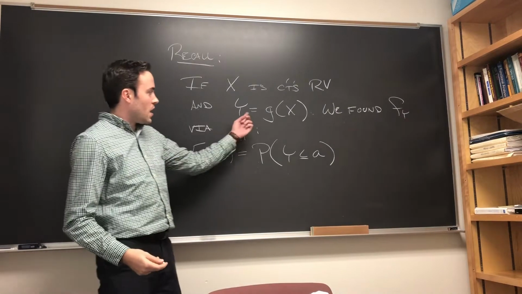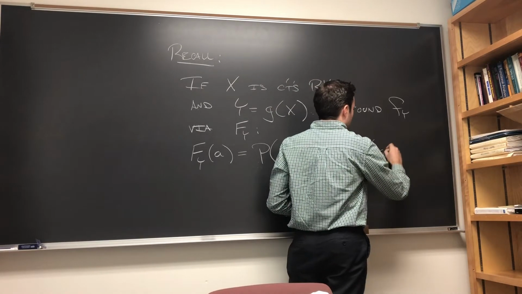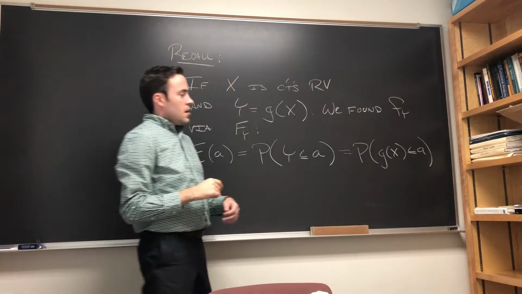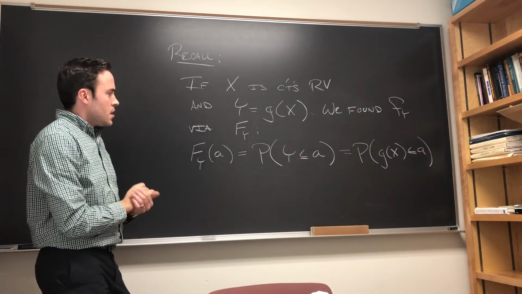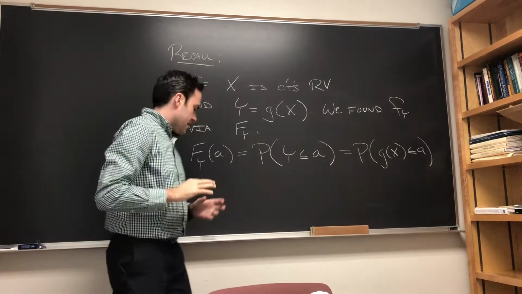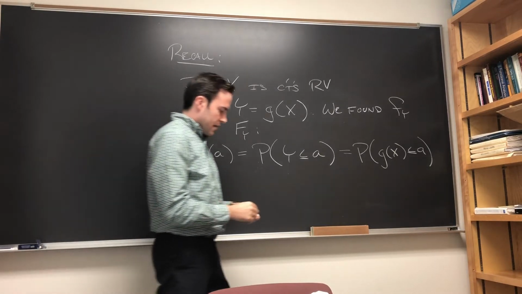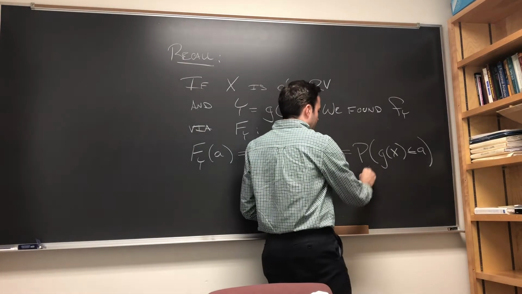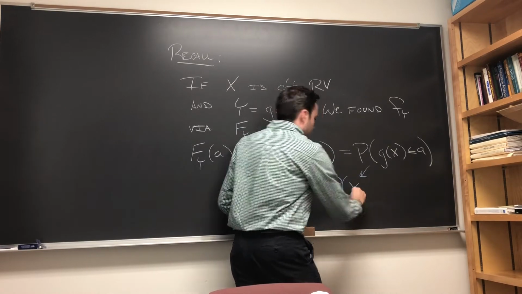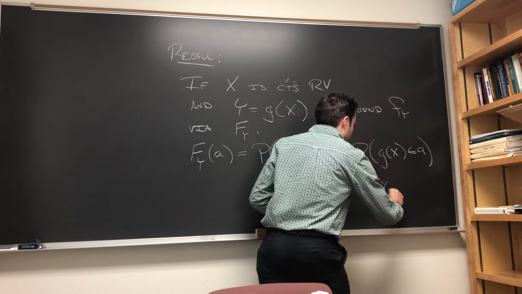Now use the fact that Y is equal to g of X to say that this is the same as this probability. Now we glossed over what actually has to happen here, but generally speaking, what we did next was to turn this into the probability that the random variable X was less than or equal to g inverse of a.